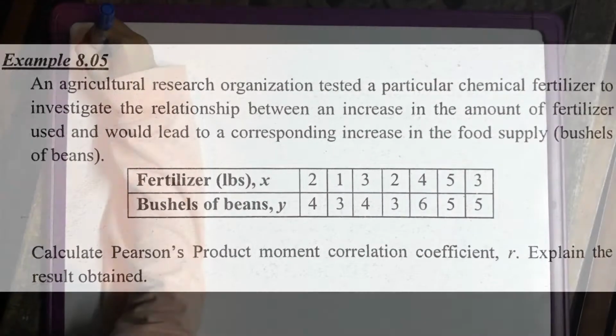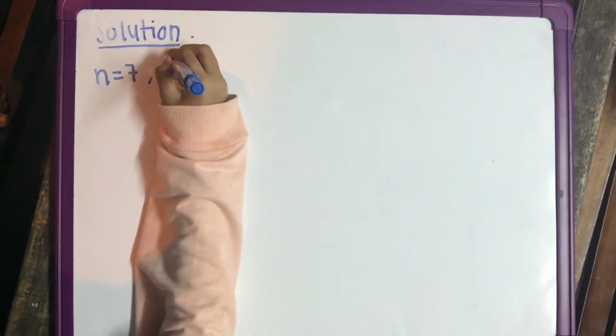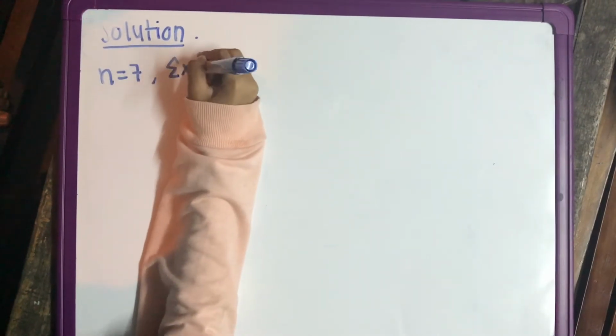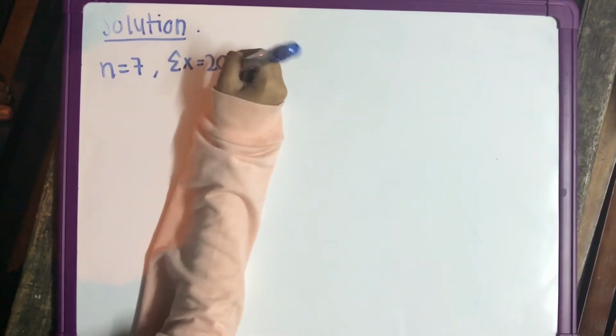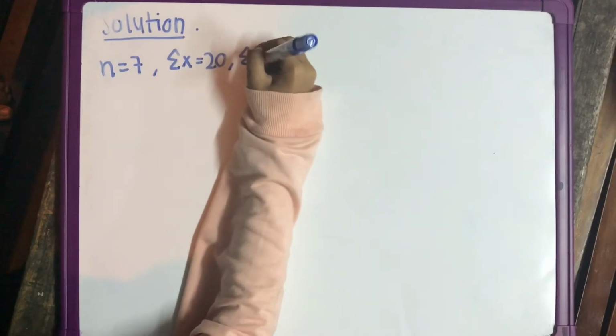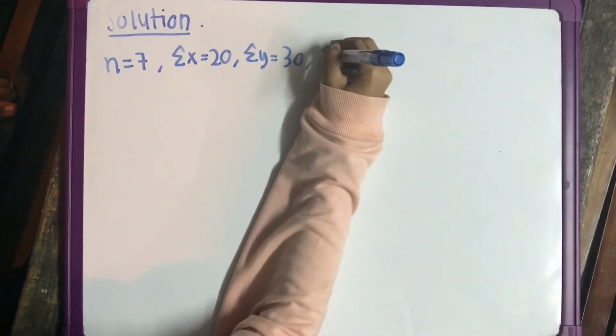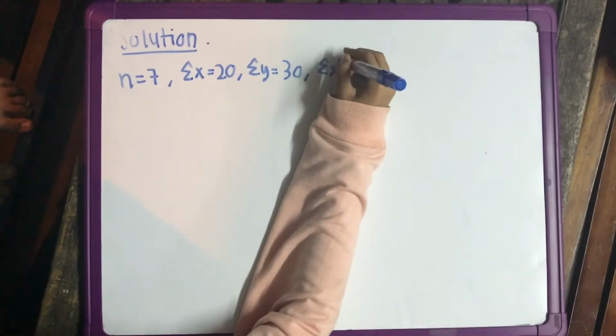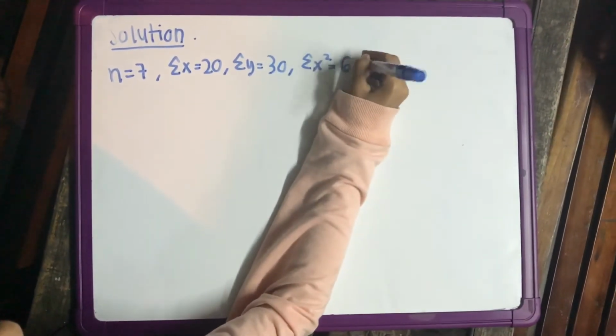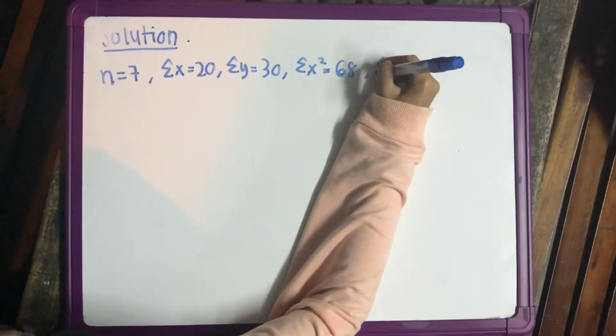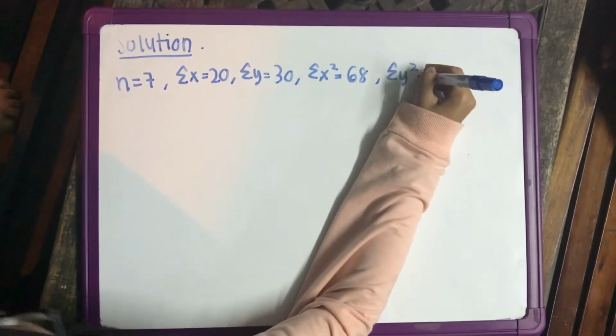Okay, the solution for example 8.05, page 199 in the textbook. Get total x. You will find total y, total x square, total y square, and total xy.